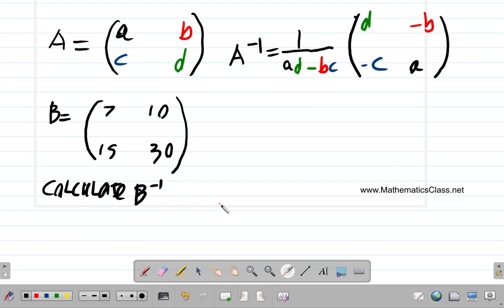We have here 7, 10, 15, 30. First of all, the determinant of B, which you can also write as B with the 2 vertical lines around it.